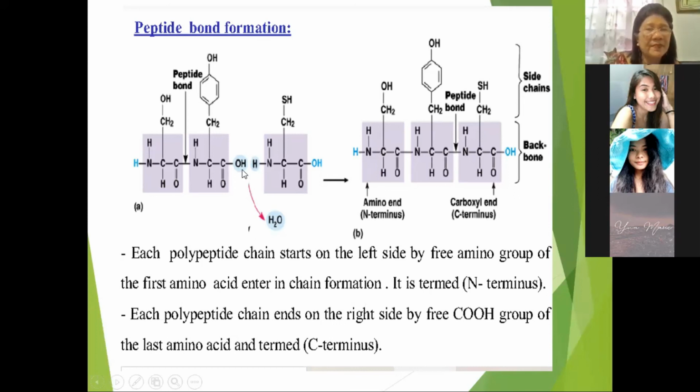Okay, here. So, this is it. For instance, this is our first amino acid, and this is our second amino acid.